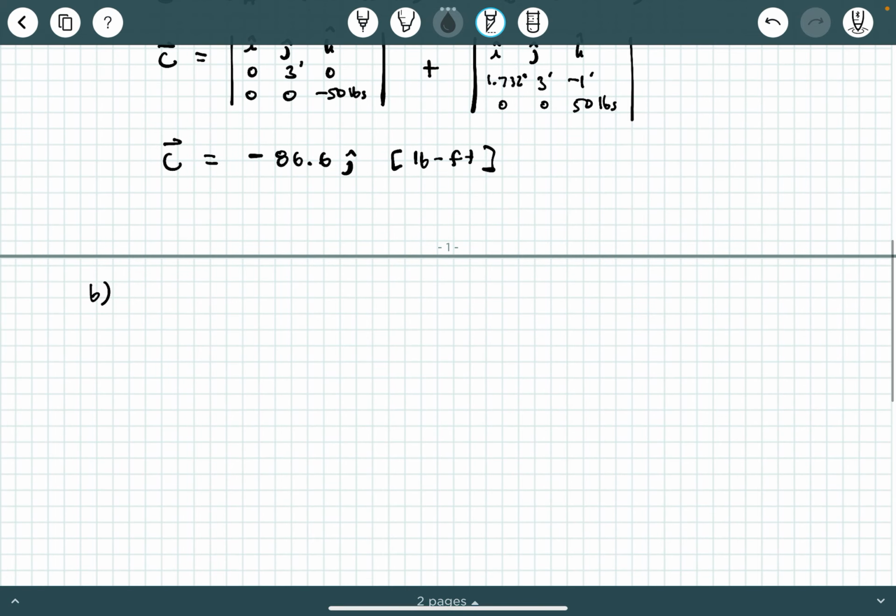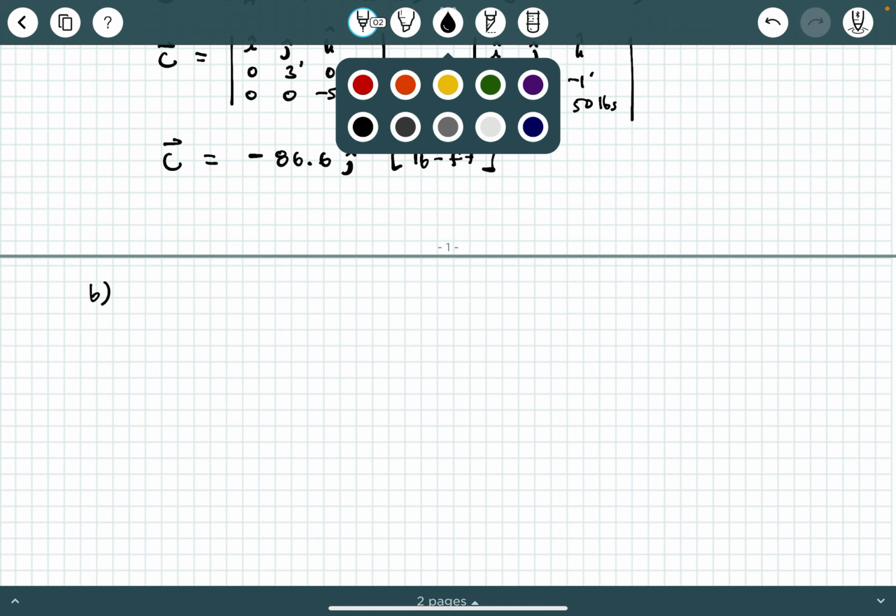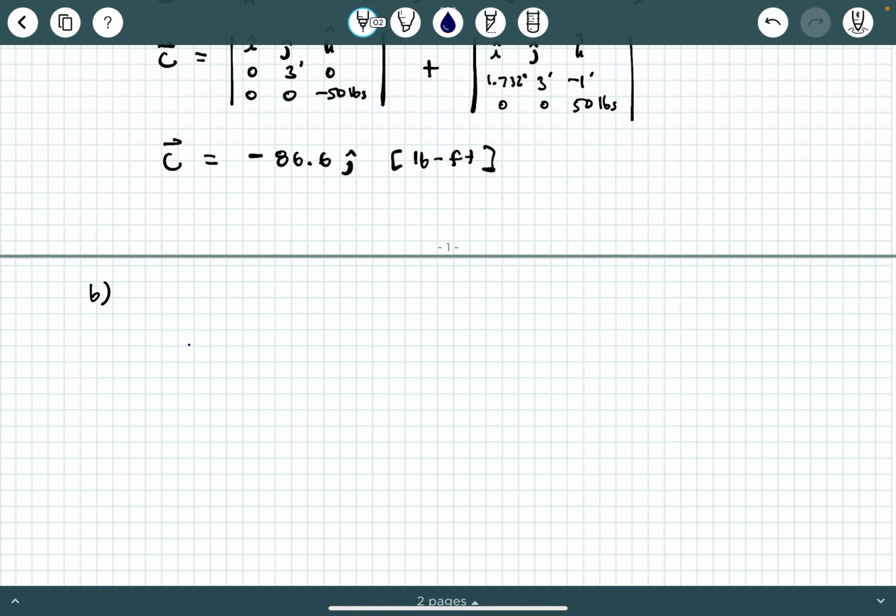Well, if I were to draw this out, I've got that diagonal pipe, I've got point B here, I've got point A here, okay? And I've got my right triangle there.